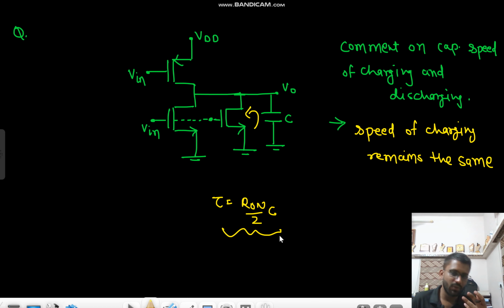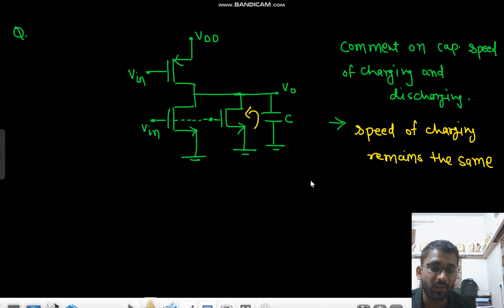So if it is taking 4 tau time, that means it will take 2 into R1C time, and before it was taking 4 into R1C time, right? So the time taken to discharge is less. That means your speed of discharging has increased.